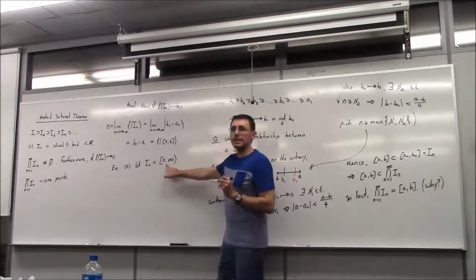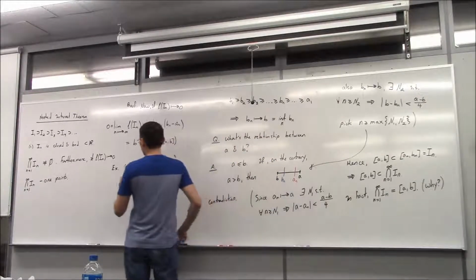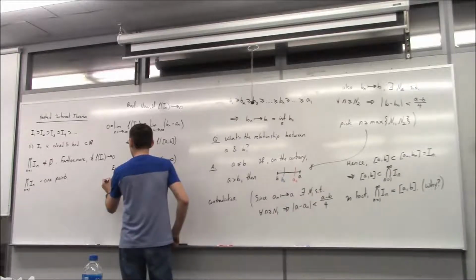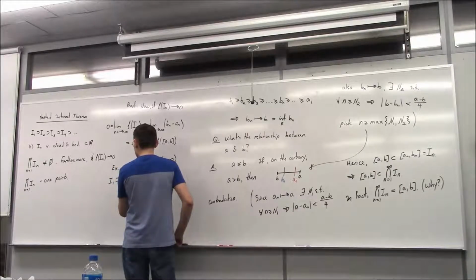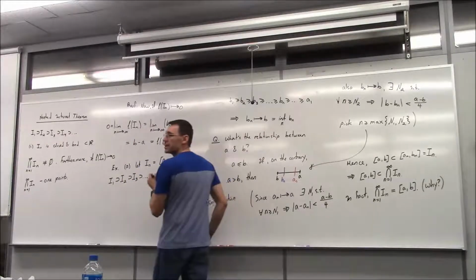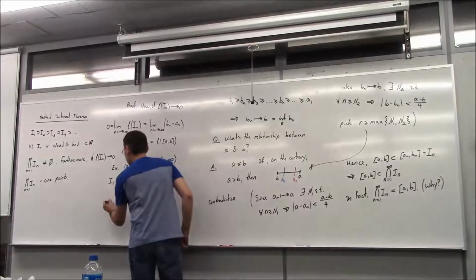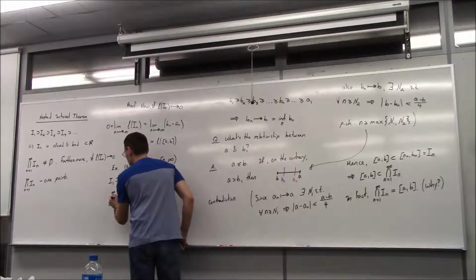So you agree that this is a closed interval in R. And do you agree that I_1 contains I_2, which contains I_3, etc.? So my question is, what's the intersection, the intersection as n starts from 1 to infinity of the I_n? What is it equal to, please?